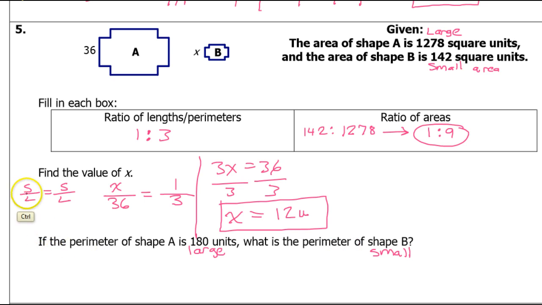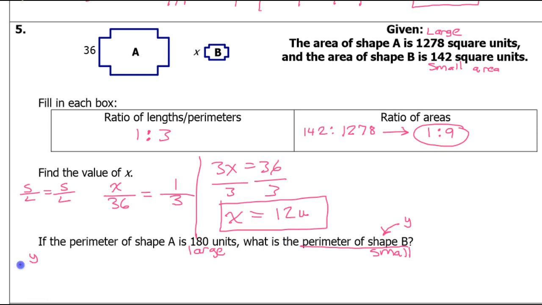So if I continue writing my equation in the form small over large equals small over large, we're looking for shape B. I started to say that's x, but we already had a variable for that. So I'm going to call it y. The perimeter of shape B, that's going to be y.